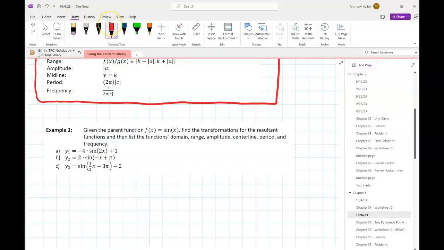Centerline and midline get used interchangeably. They mean the same thing. So the first thing I need to do any part of this example problem is to figure out the values for A, C, H, and K.